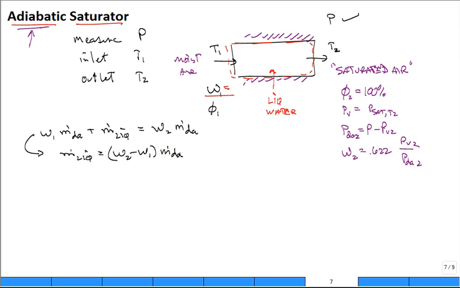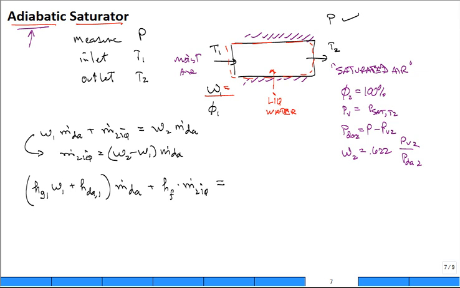Now let's do the energy balance. H of G coming in times omega 1 plus H dry air coming in, times the mass flow rate of dry air. Is that all the energy flowing in with the inlet moist air? We express it as a multiple of M dot dry air, right? Then we have H of F times M dot liquid.